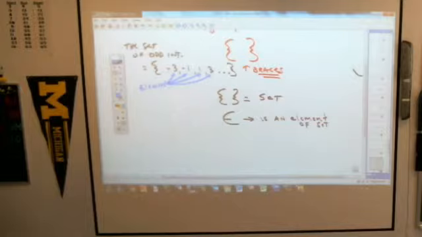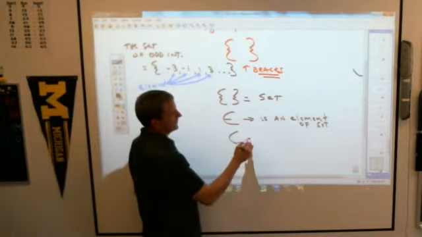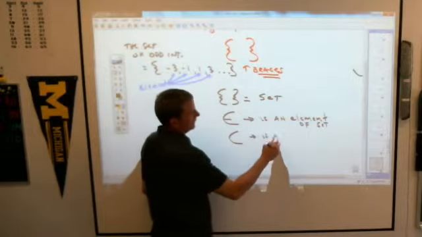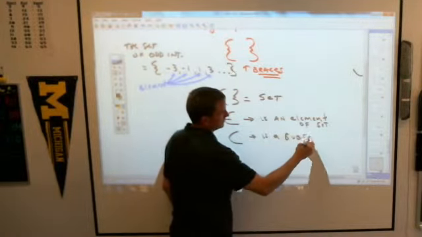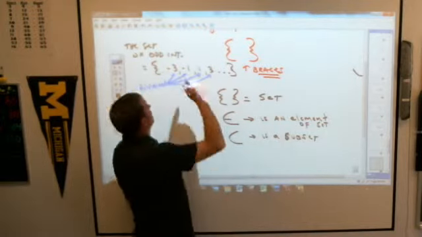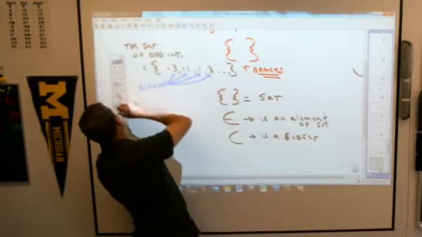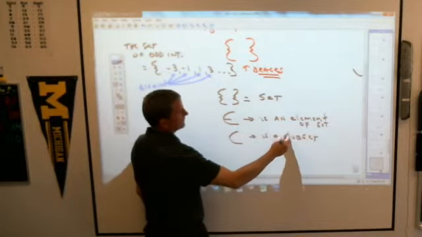Then we have this little shape. It gets better, which means is a subset. Anybody care to speculate what subset is? Well, you should be able to figure it out without me telling you. What is a subset?